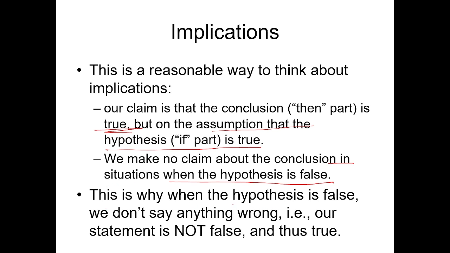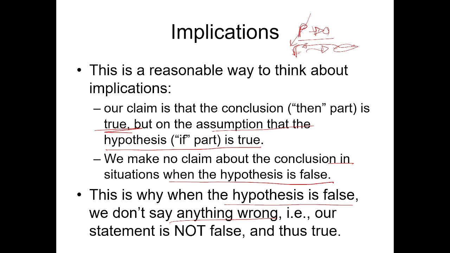This is why when the hypothesis is false, we don't say anything wrong, right? Normally, what did you start with? P implies Q. So if P becomes false, whatever we say after that doesn't depend on this portion.